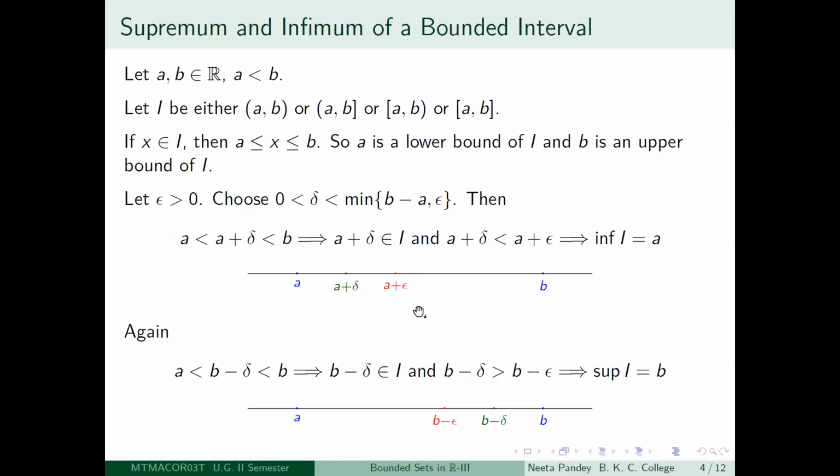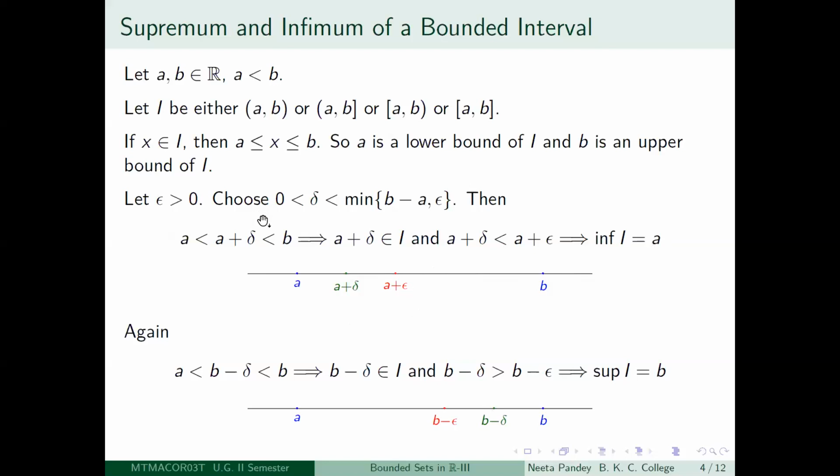So a plus epsilon will no longer be a lower bound. So if you increase a a little bit, then that particular number cannot be a lower bound of the interval. Therefore, a is the greatest lower bound possible and hence a is the infimum of capital I. This is what we are saying.